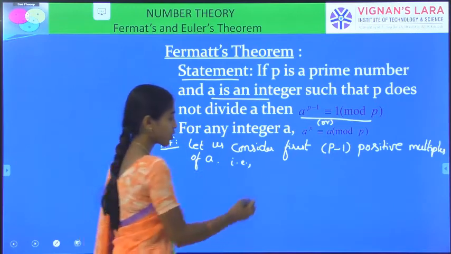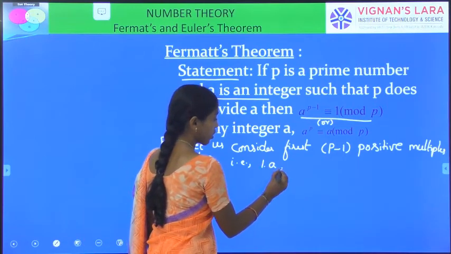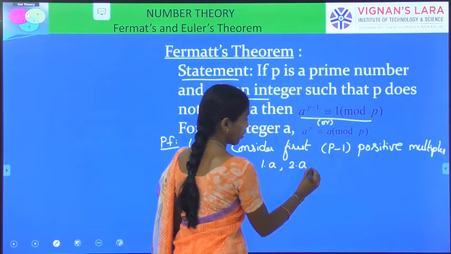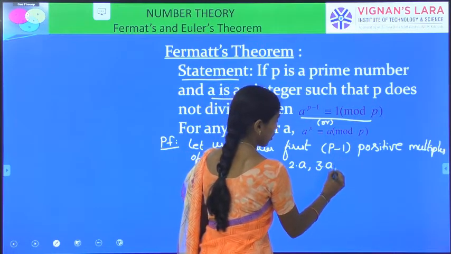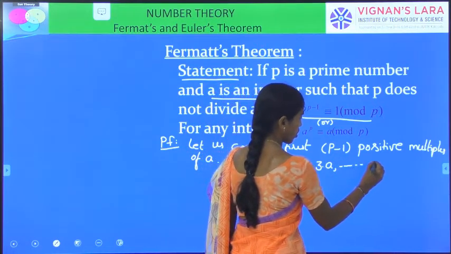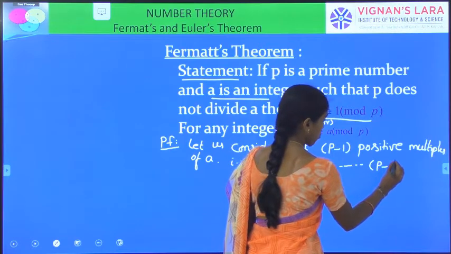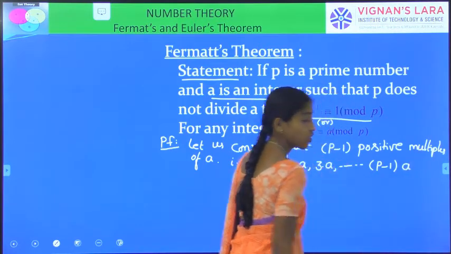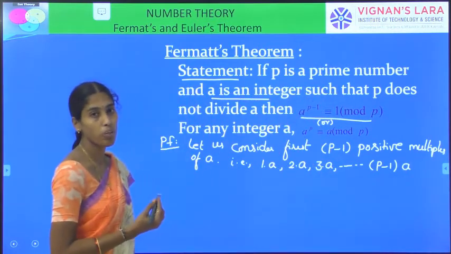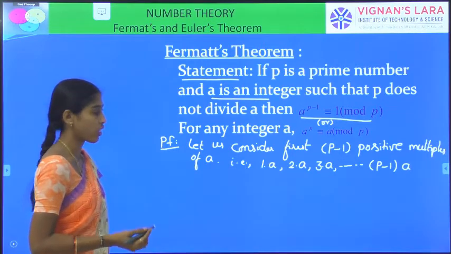The first positive multiple of A is 1 into A, next 2 into A, then 3 into A, and so on up to P minus 1 into A. These are the first P minus 1 positive multiples of A.